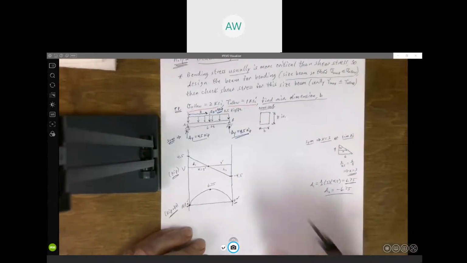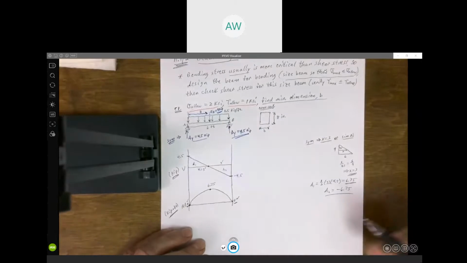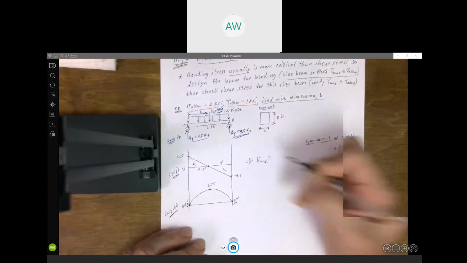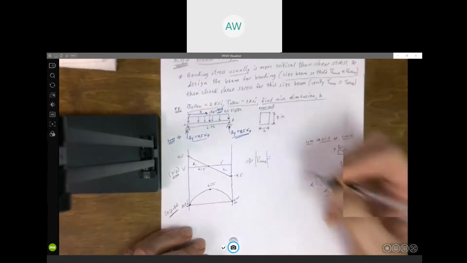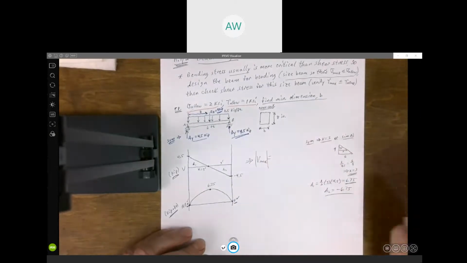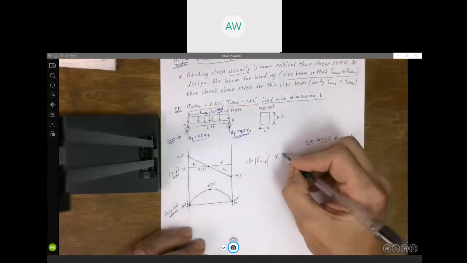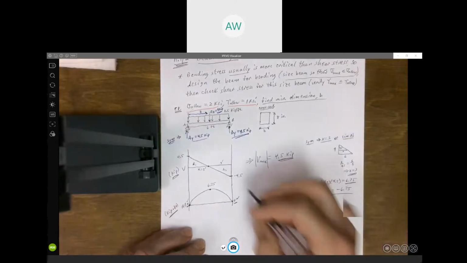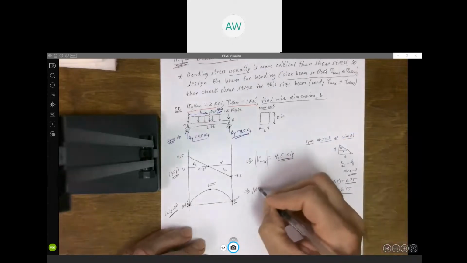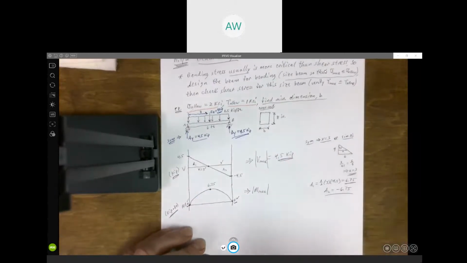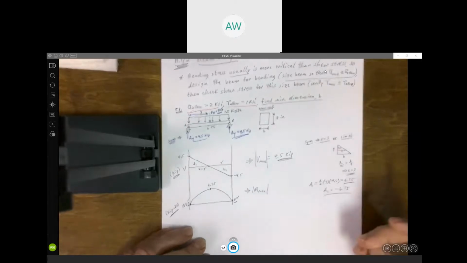All right, so now that I have my shear and moment diagrams, I know Vmax, and we're just looking for the largest magnitude here. And in this case, the largest positive and negative are the same. It's 4.5. These are kips. Maximum bending moment. Again, you would choose the largest magnitude here. Doesn't matter, positive, negative. We want the largest magnitude.